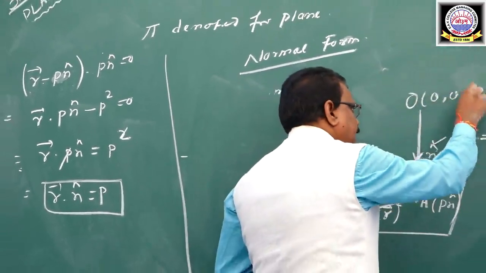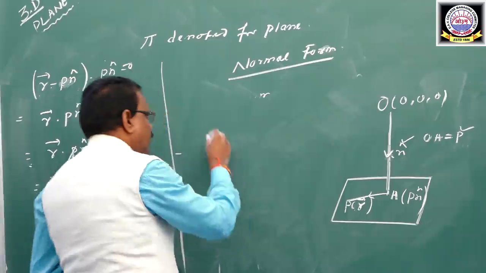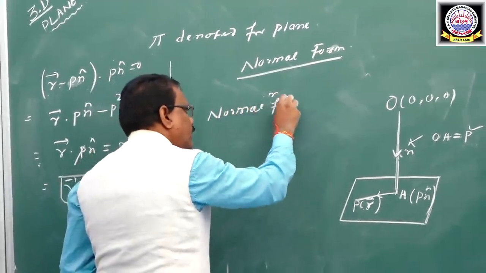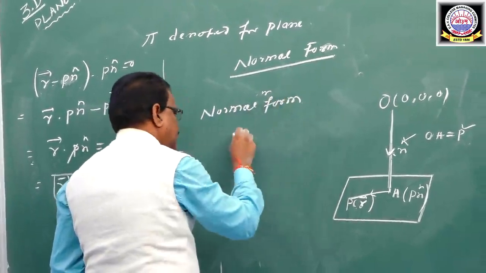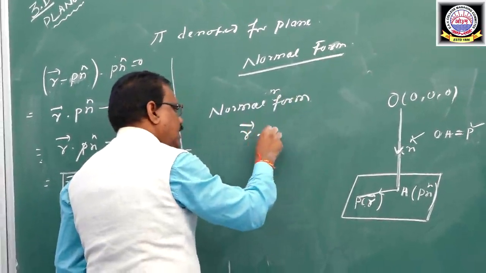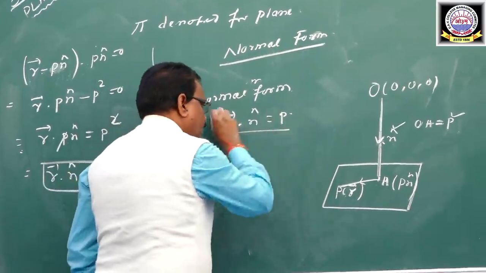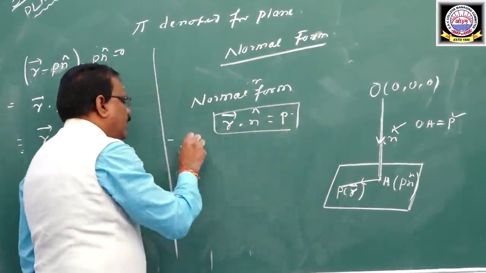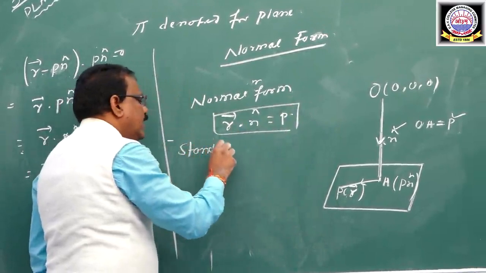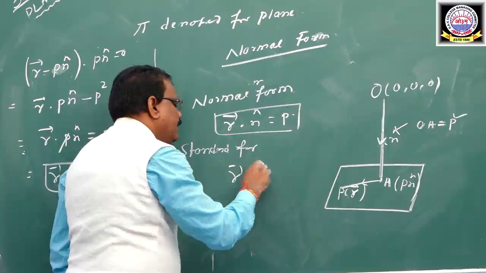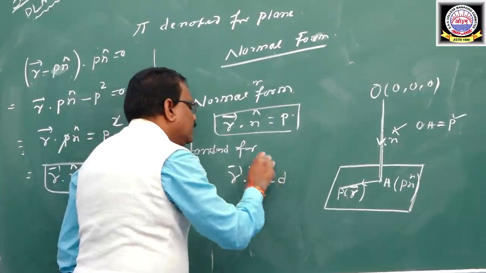So, once again, the normal form equation is r dot n cap is equal to p, and the standard form is r dot n vector is equal to d.